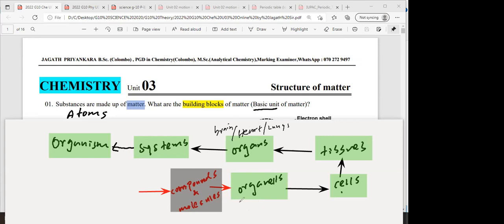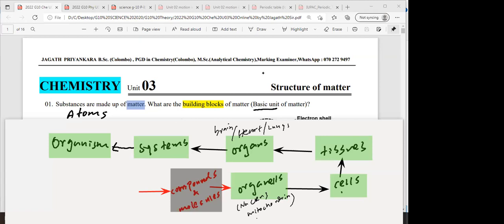But organelles are nucleus, mitochondria, chloroplast, and if you take a plant cell, nucleus, mitochondria, cell wall. Why did I highlight them green? You learn them under biology.